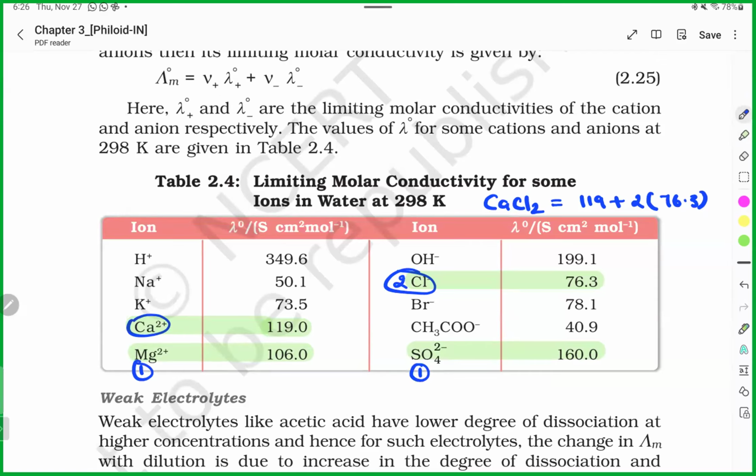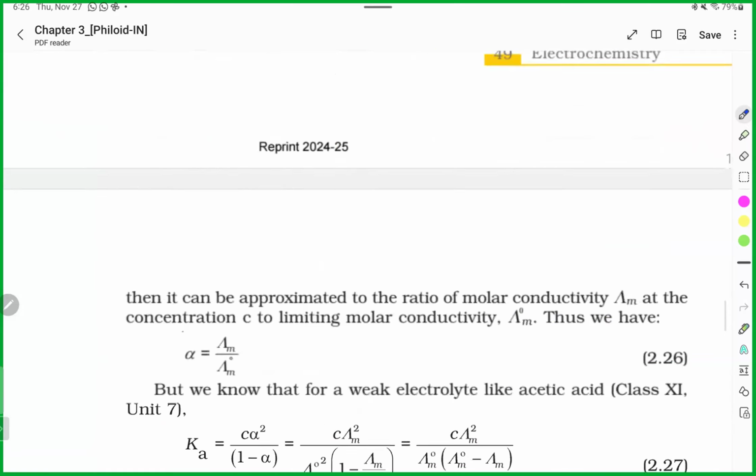What we are trying to say through this Kohlrausch law is simply that ions are contributing to the conductivity. Magnesium ion contributes this, sulfate ion contributes this. Guys, this is free marks. You are just doing addition, that's all.